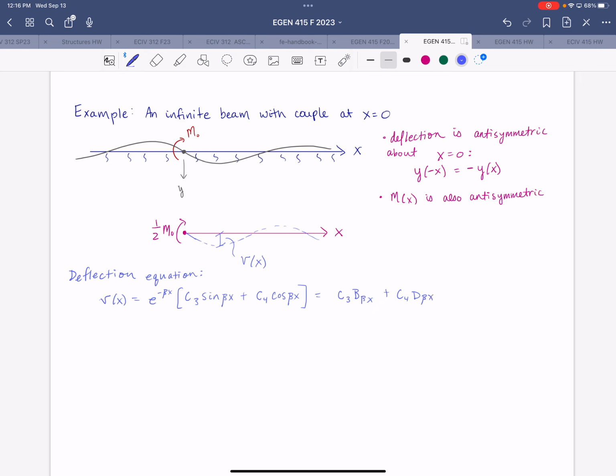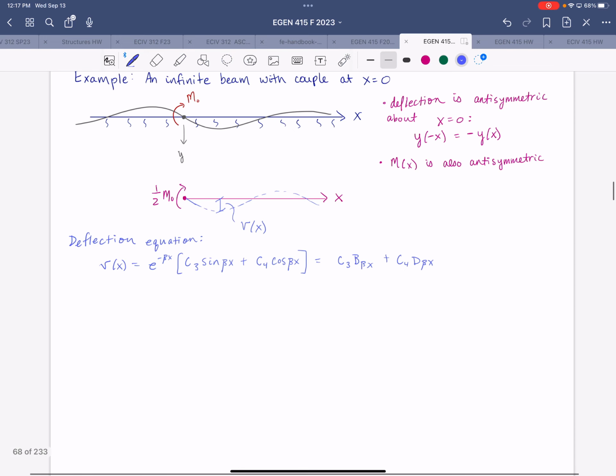So this has the potential to get a little bit confusing just because we have constants that we start out with, but then we also have a capital C that we use for some of these expressions, right? So just make sure you keep it straight if it's a capital C with a subscript beta x versus a constant. So to get those constants, we need to apply our boundary conditions.